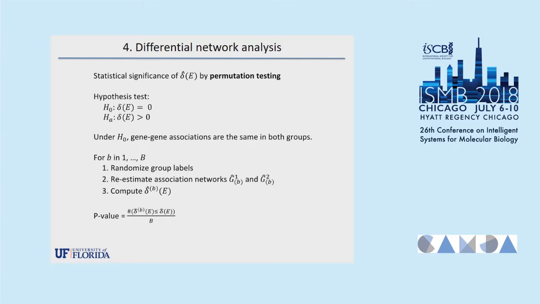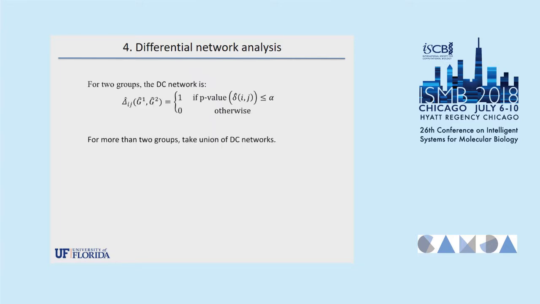You just randomize the group labels, re-estimate each association network, and then recompute the differential connectivity score. And then the p-value will just be the number of times that your observed differential connectivity score was greater than the permuted scores. So that's how you would do it for two groups.